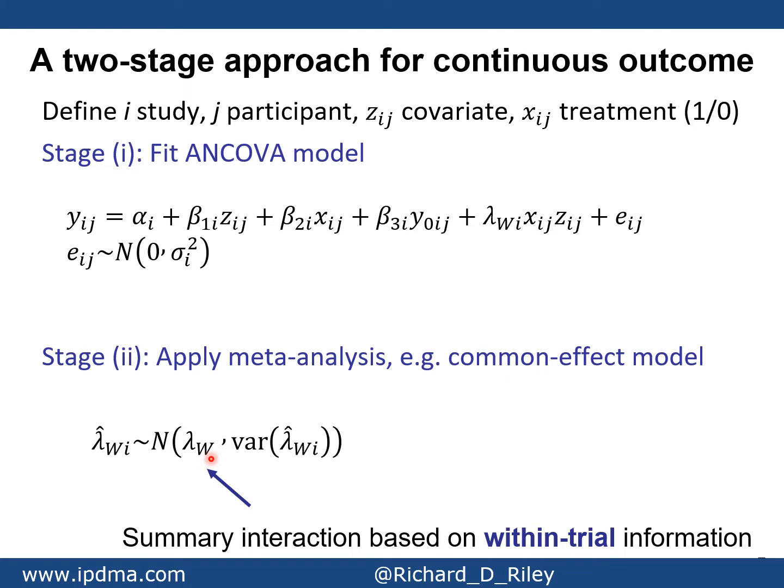But that's looking across studies, and that can be prone to what's called aggregation bias and study level confounding, and therefore I wouldn't recommend that. And this two-stage approach avoids that issue and gives us a summary interaction estimate that is based solely on within trial information.